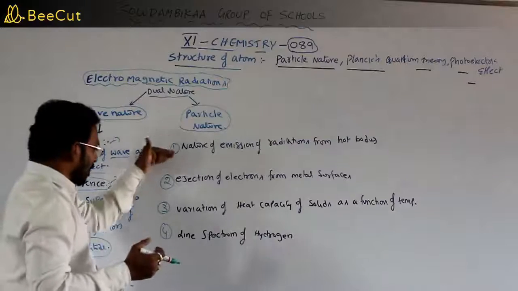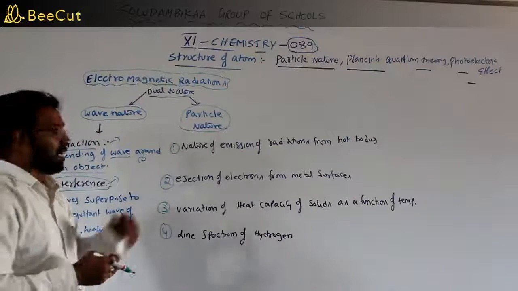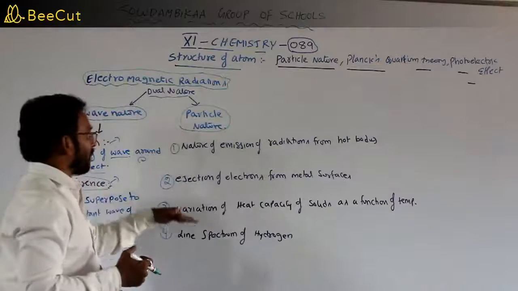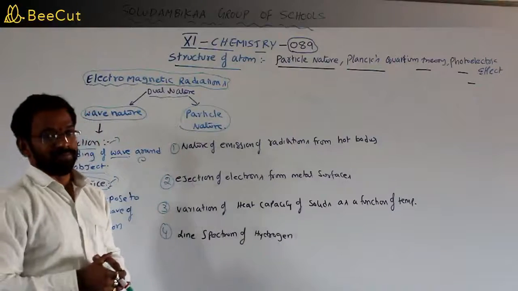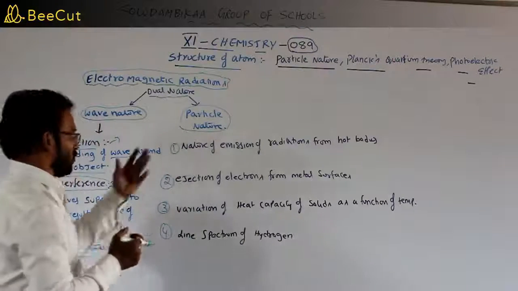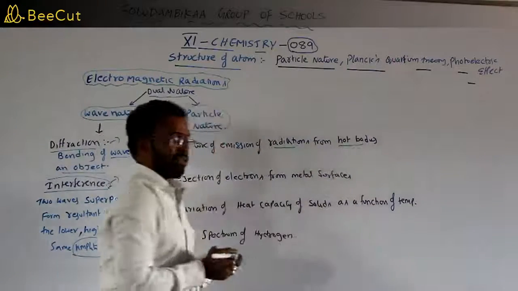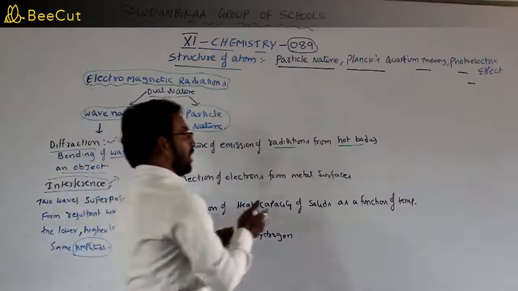Wave nature does not explain all those. So, wave nature does not explain these four parameters. These four parameters are explained by particle nature. What are they? First one, nature of emission of radiation from hot bodies. That is nothing but black body radiations.